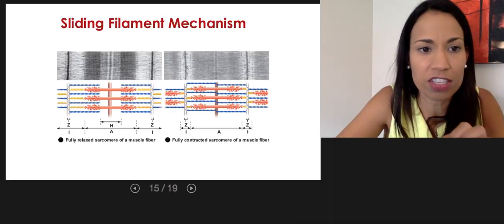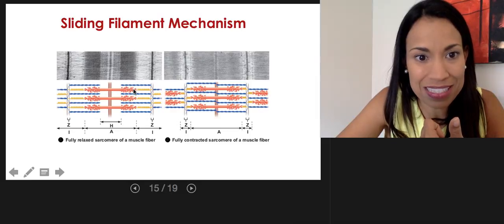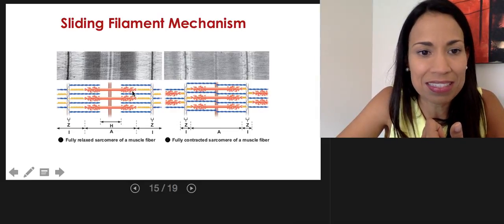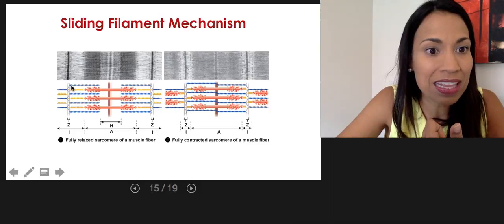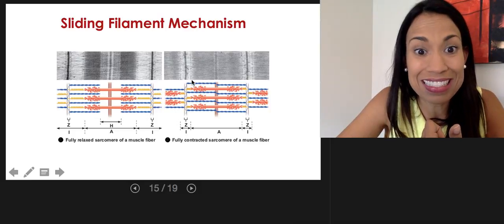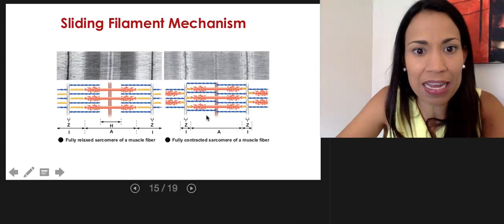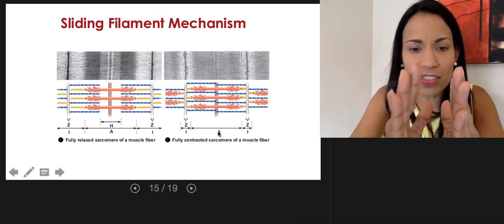The length of the entire myosin filament remains the same. This is the relaxed, and look at the contracted. It's the same length. Look at the length of the actin filament. It's the same. The thing is that in here they are away from the M line, and in here they have been pushed together to the M line. So this is a fully contracted sarcomere.